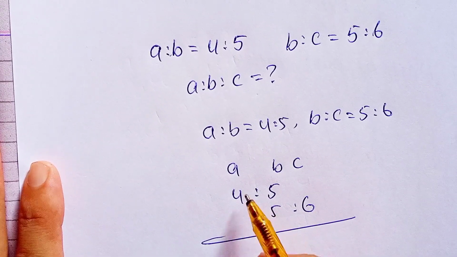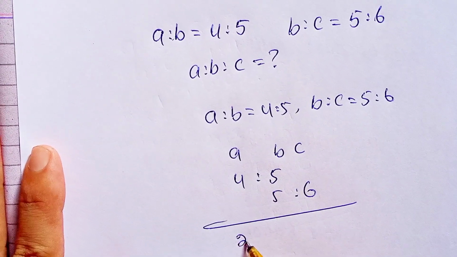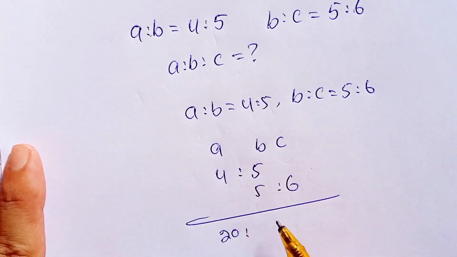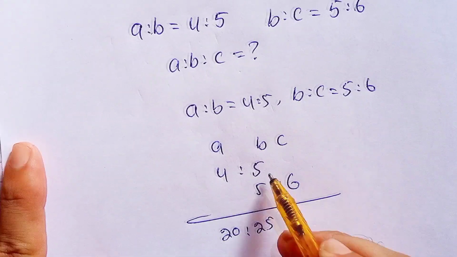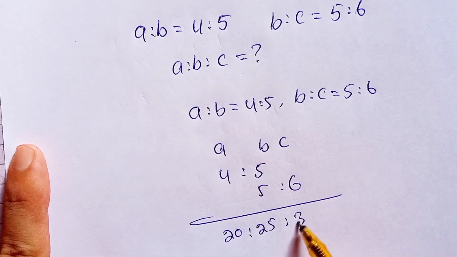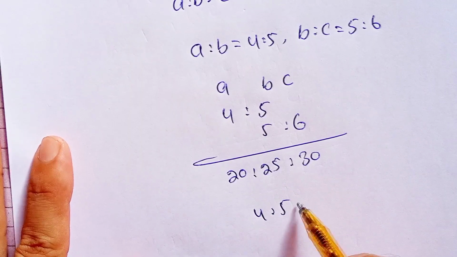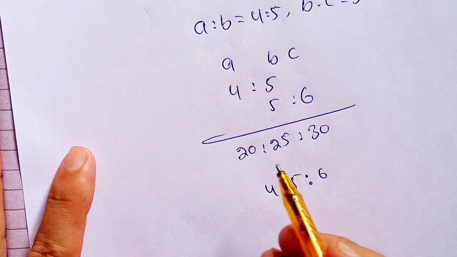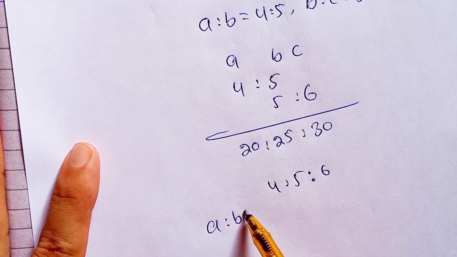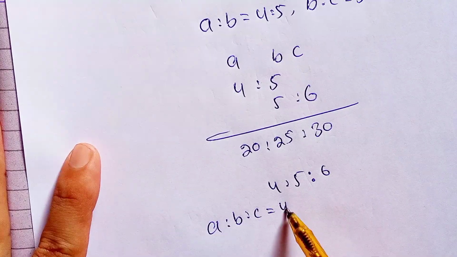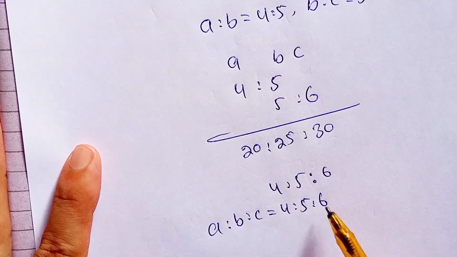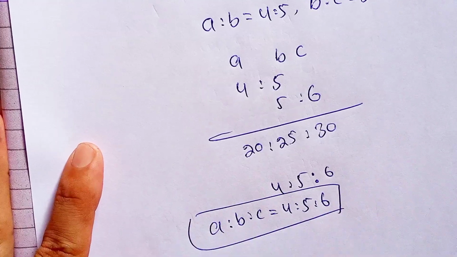So 4 times 5 is 20, 5 times 5 is 25, 5 times 6 is 30. So A:B:C is equal to 4:5:6. This is our final answer.